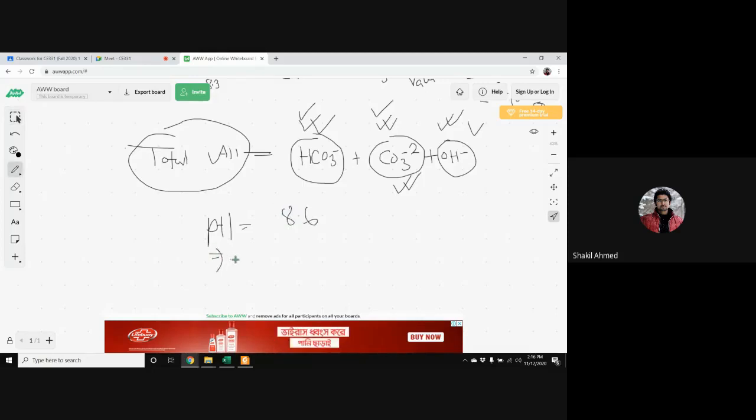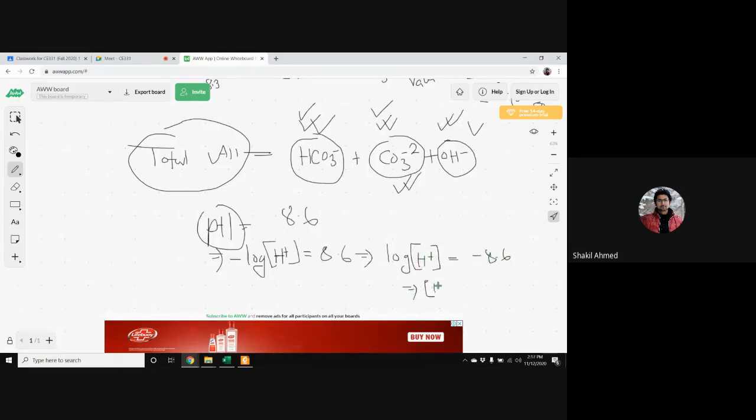And what is pH? pH is the negative logarithm of hydrogen ion concentration. So you can write hydrogen ion concentration equals 10 to the power minus 8.6. Am I right?